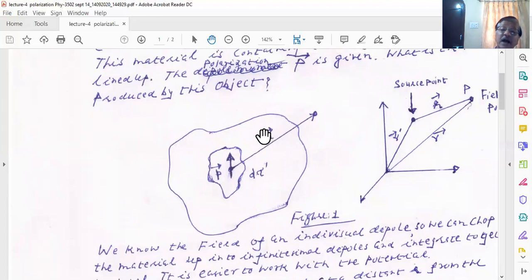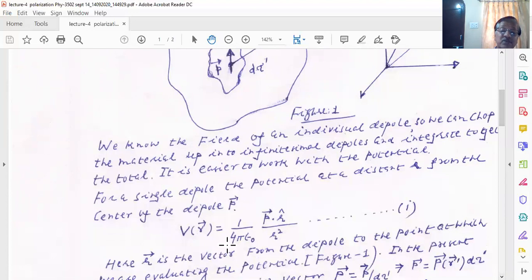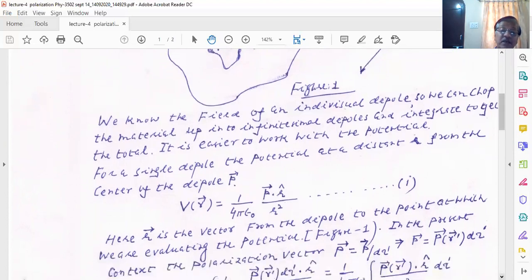This is the vector r, and the same vector r is referred to here. So I'm writing the expression of electric potential because of only one dipole, and that expression is mentioned here. Look at this expression: 1 upon 4 pi epsilon 0, p dot r hat upon r square. Look at this vector r.